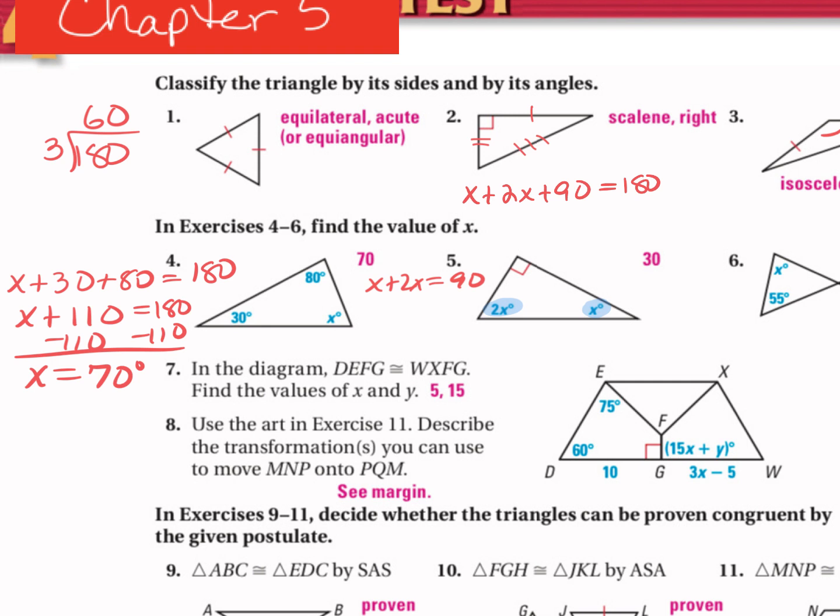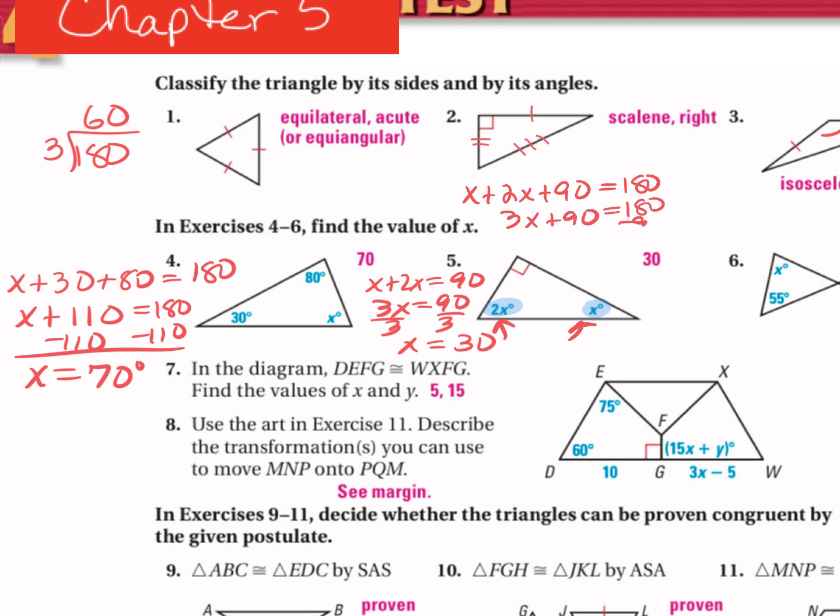Because I know that these 2 angles are going to add to be 90. Either way works. This gives me 3x equals 90. Divide by 3 and x equals 30. If I did it this way, I would have gotten 3x plus 90.